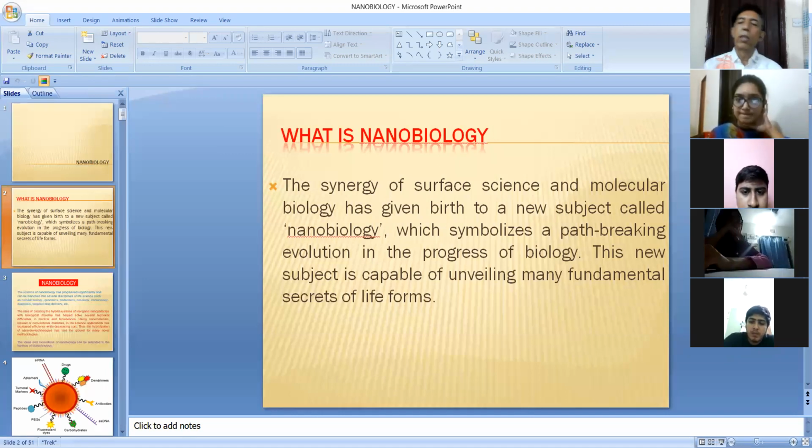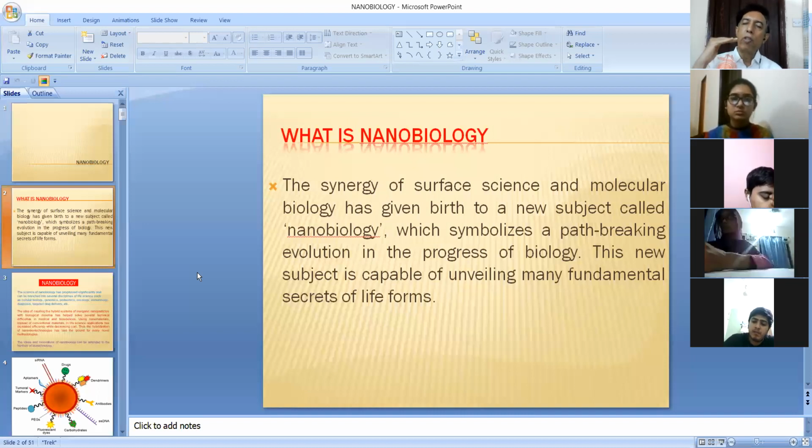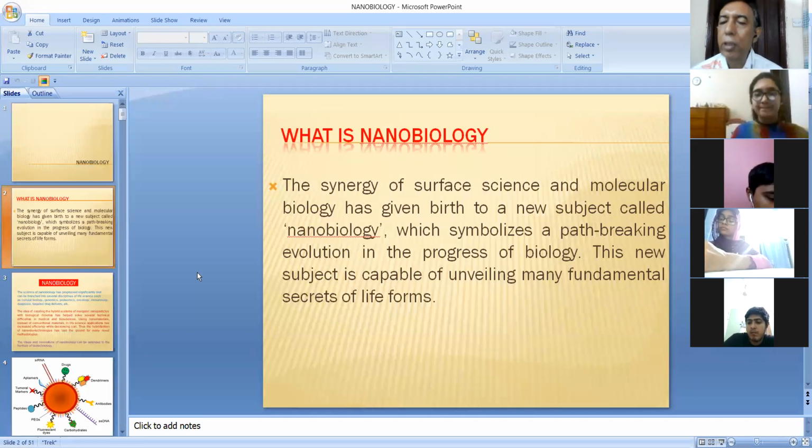Surface science means nanoscience, because nanomaterials have the surface atoms only. In maximum nanomaterials, you will find the surface atoms only. For that, sometimes it is called surface science. And molecular biology.